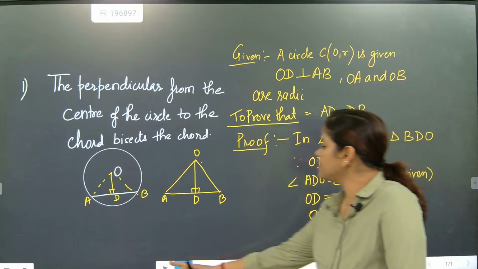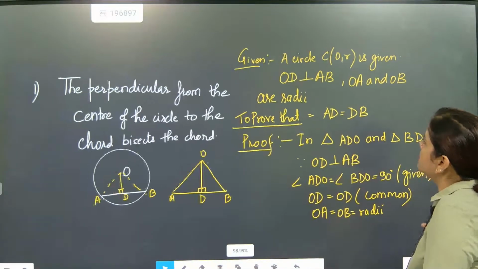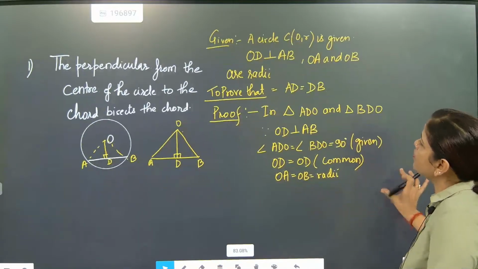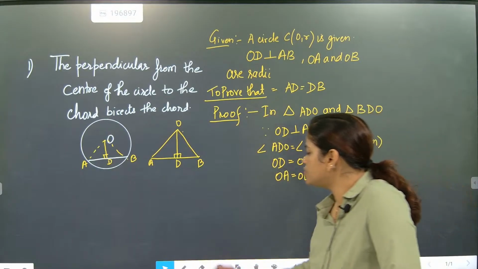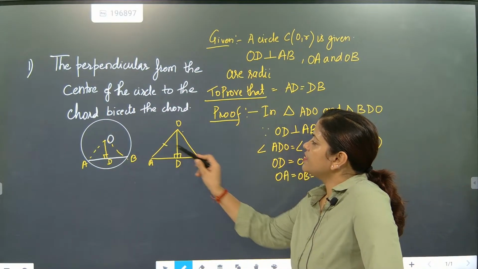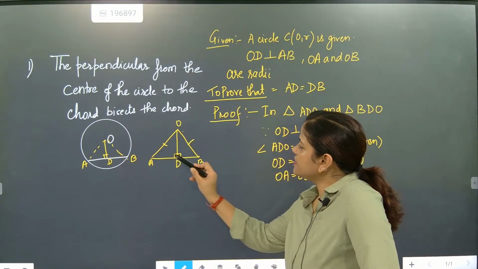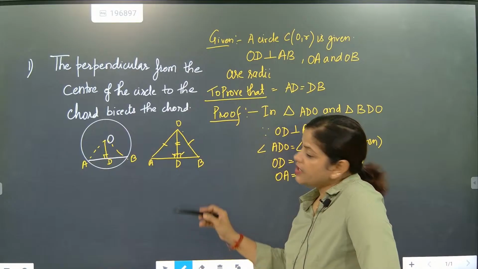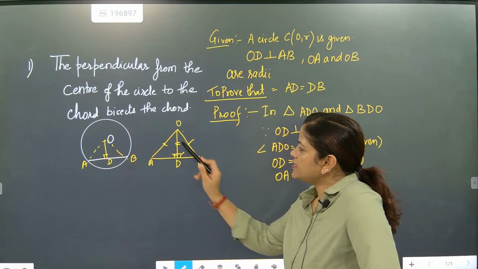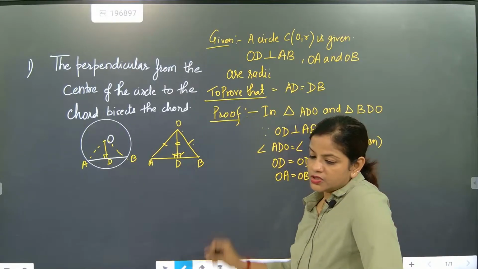So we can assume these two triangles are congruent. The most important thing here is how these two triangles are getting congruent. This side is equal to this side, this is 90 degrees, and this part is common. So definitely it is right angle, hypotenuse, side, RHS.